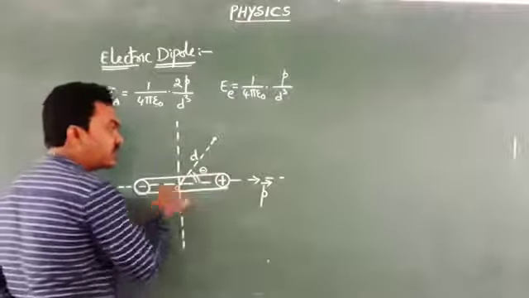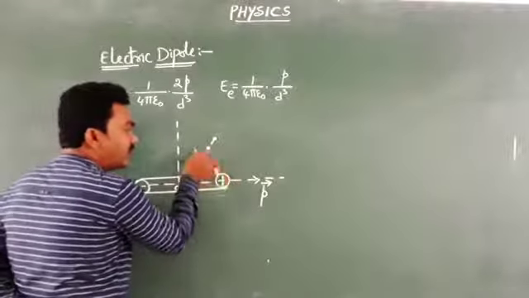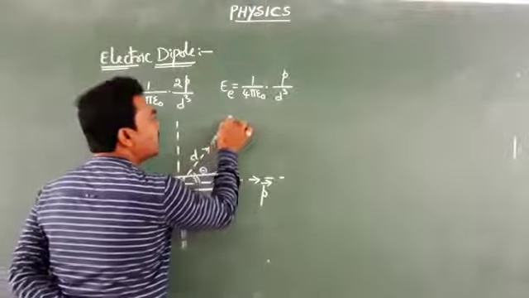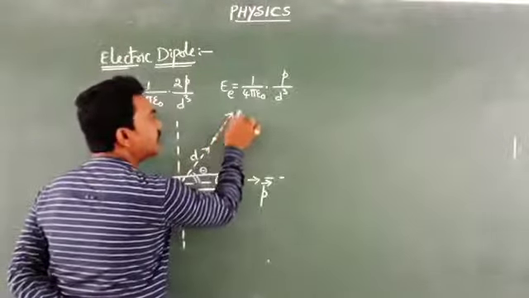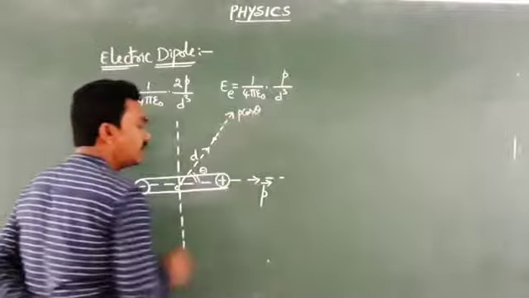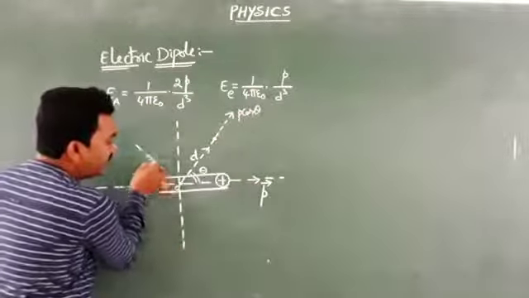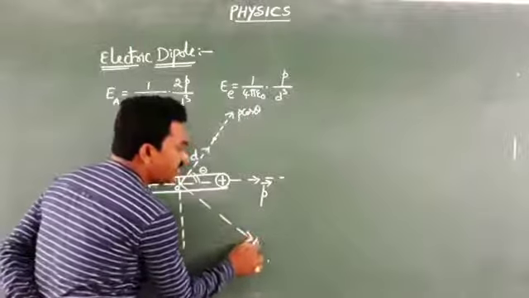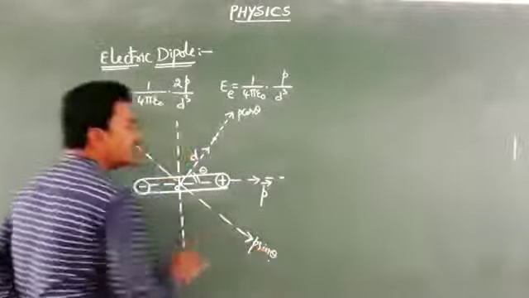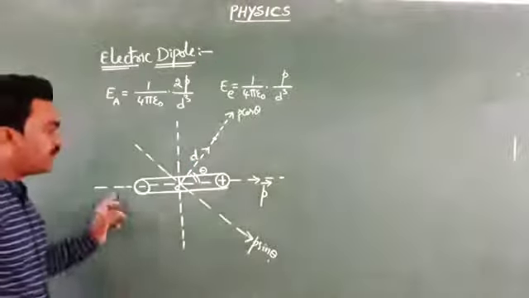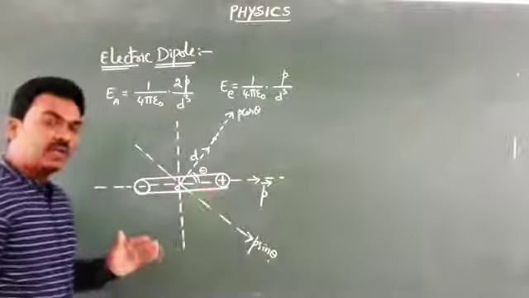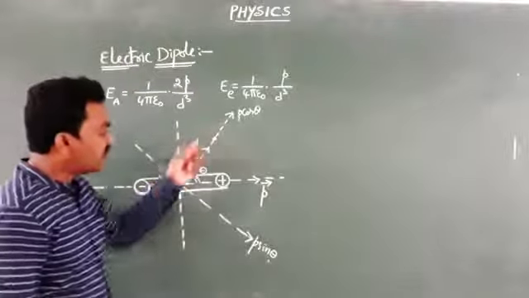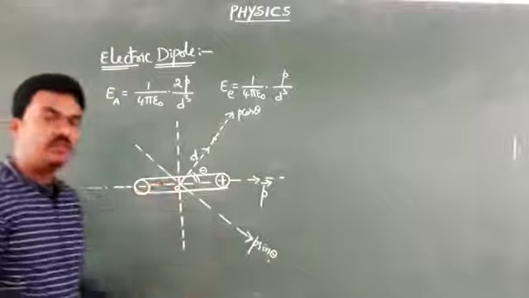Let me suppose the component of p bar in this direction is p cos theta. You know vector resolution very well. And the perpendicular component will be p sin theta. So the given dipole moment p bar can be replaced with two components: one is p cos theta, another one is p sin theta.